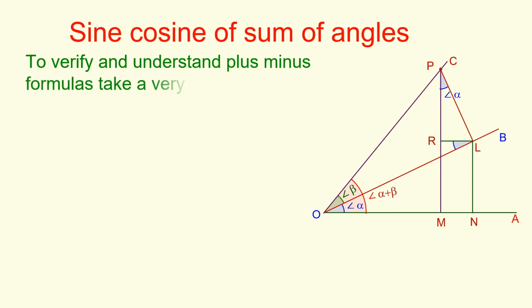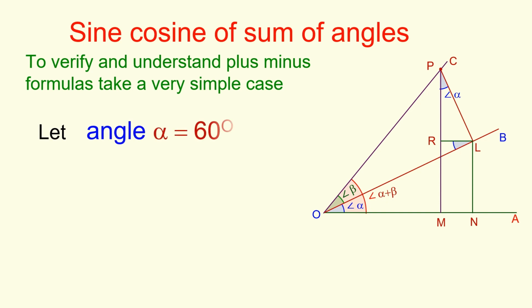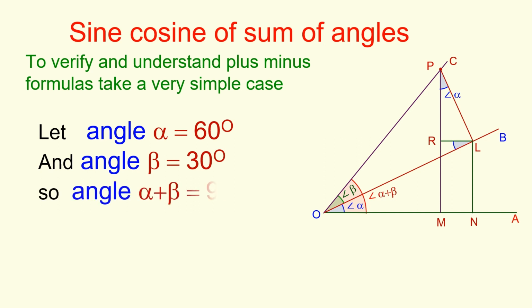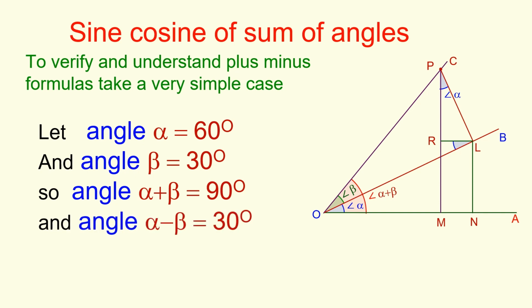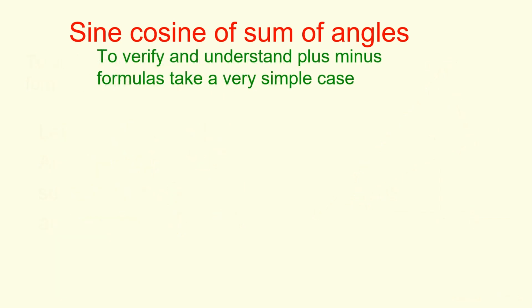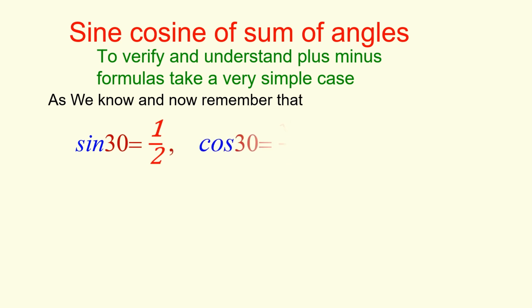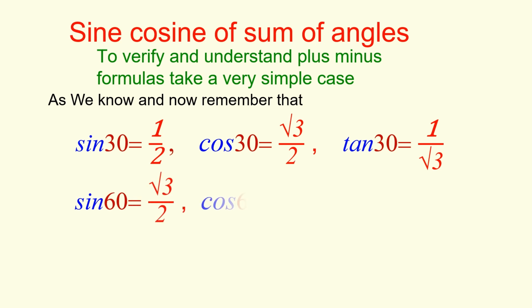To verify and understand plus-minus formulas, take a very simple case. Let the angle alpha equal 60 degrees and the angle beta equal 30 degrees. So angle alpha plus beta equals 90 degrees and angle alpha minus beta equals 30 degrees. Now remember the values of sine, cosine, and tan of 30, 60, and 90 degrees.